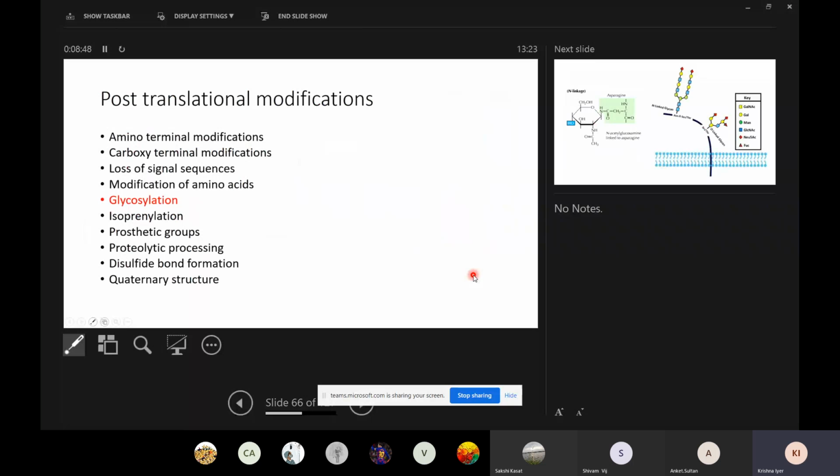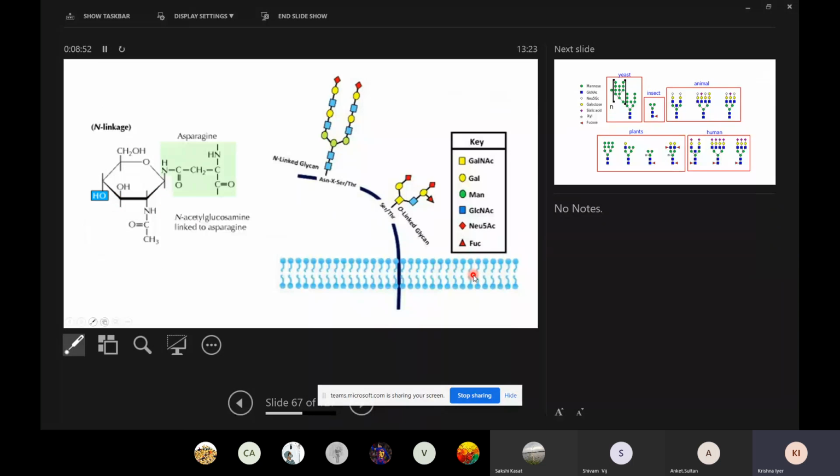Even more interesting is what is called glycosylation, where sugars are added onto the side chains of proteins. Typically, you will have sugars attached to serines or asparagines, and so on. Here is an example.